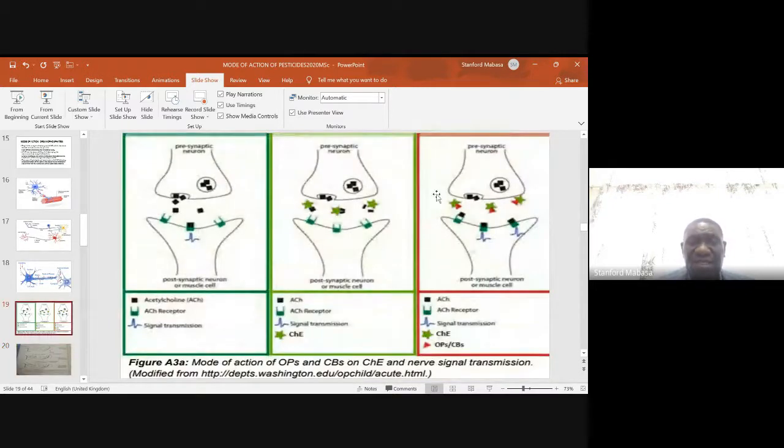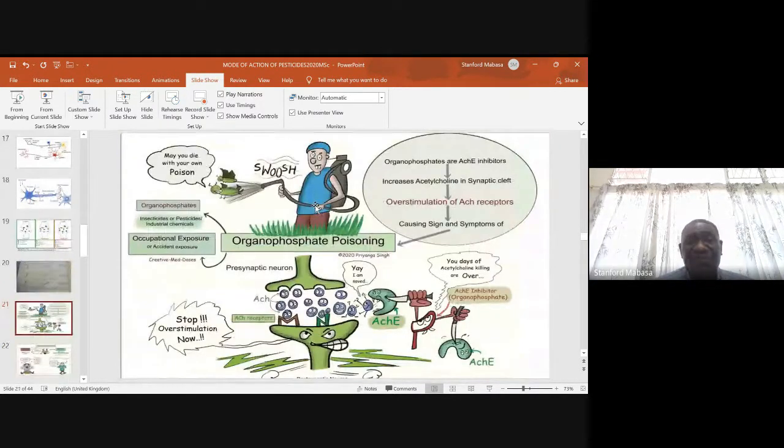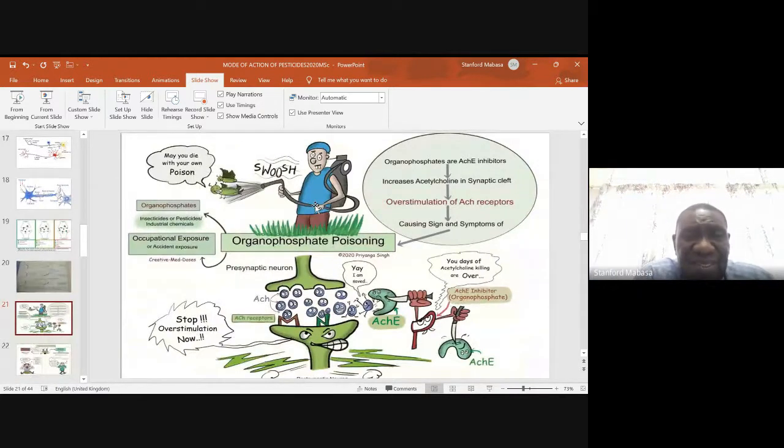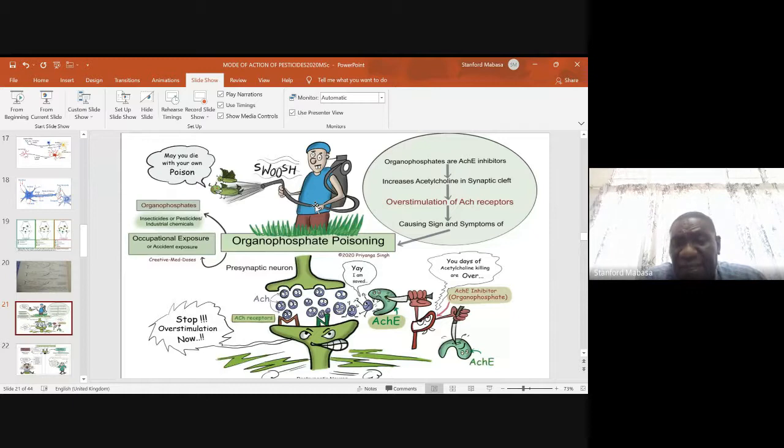Or you can try to use this diagram. This is a dramatic way of trying to make you understand what is happening at the joint where we have the nervous system touching each other, the synapses. So the organophosphates are said to be ACE inhibitors, or acetylcholine enzyme inhibitors.